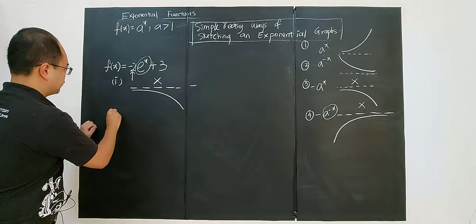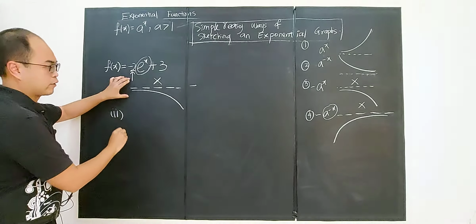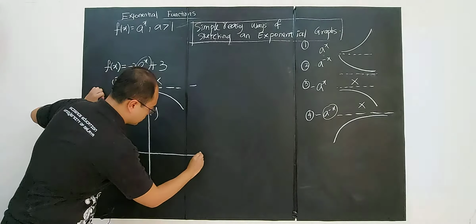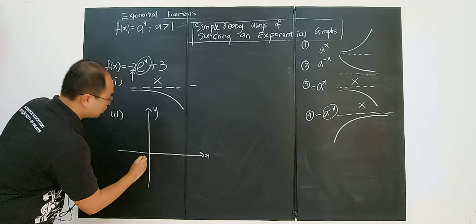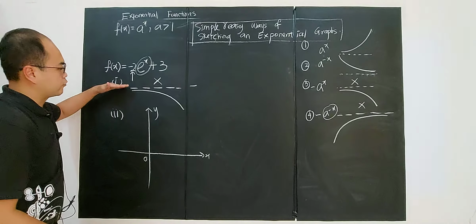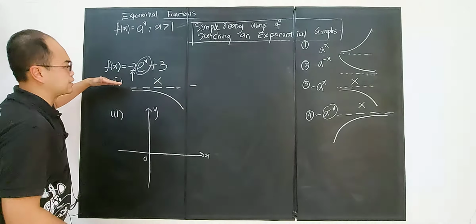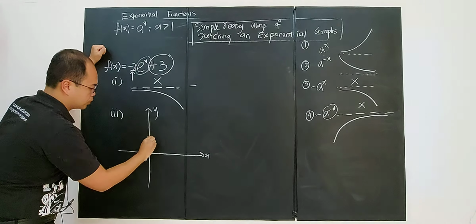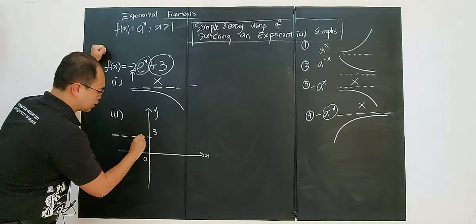After that, the second step, this one must be correct. Then only do you transfer it into your coordinate axis here. Before that, you have to identify the horizontal asymptote. Again, look at the constant here, 3. So you put a 3 and draw a dotted line.